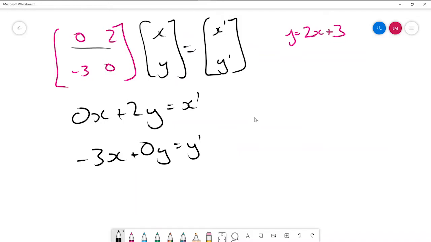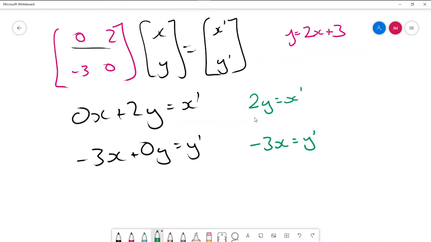You'll notice we now have an image for x that's only got a y in it, and an image for y that has an x in it. So the x and y are going to swap. So there's actually a reflection in the line y equals x, that diagonal sort of flipping there.